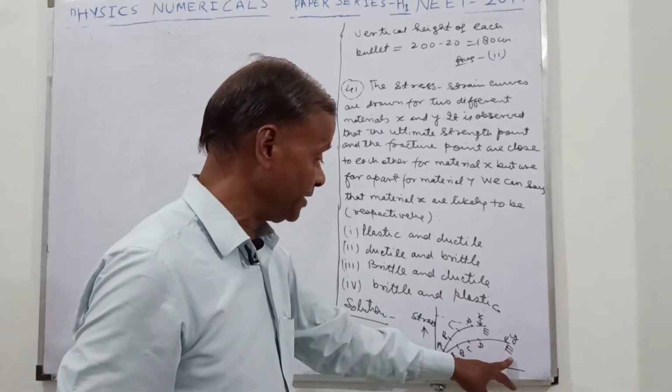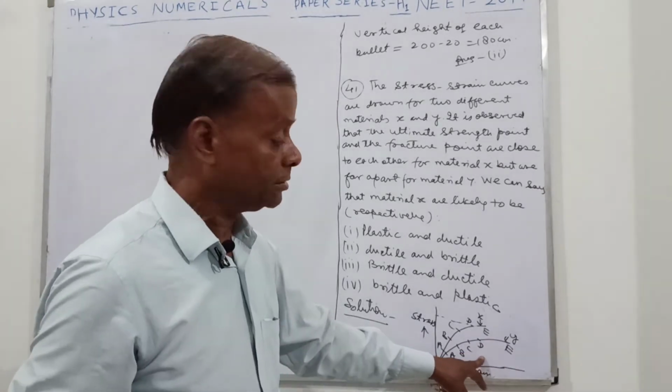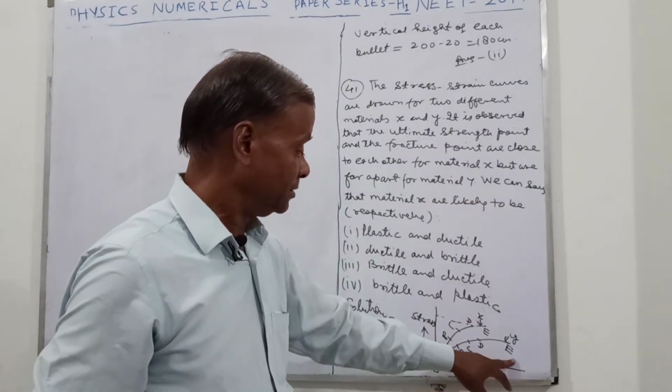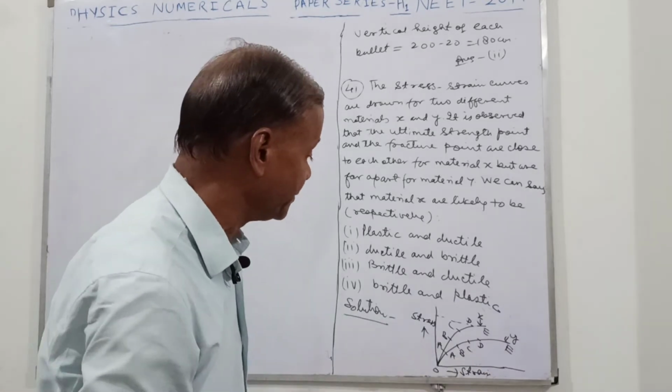And here the fracture point is very far from the ultimate strength point. So this means that this is ductile. So what have we been given?